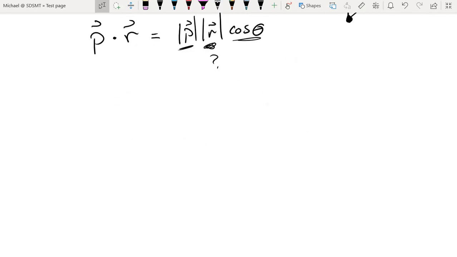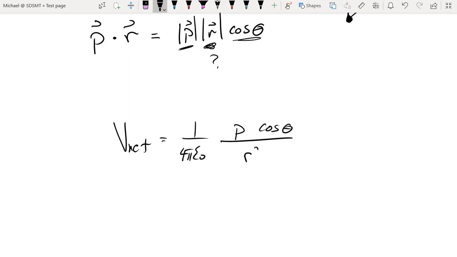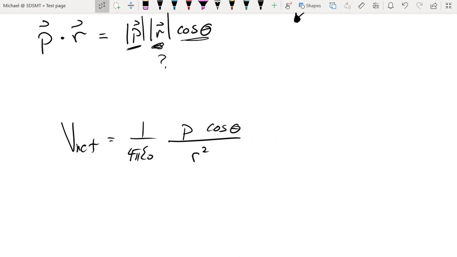So what do? Well, we get a little inventive with the math. So we've got P, we've got cosine, we've got the R squared. I need to figure out a way to sneak in an R value in the numerator.